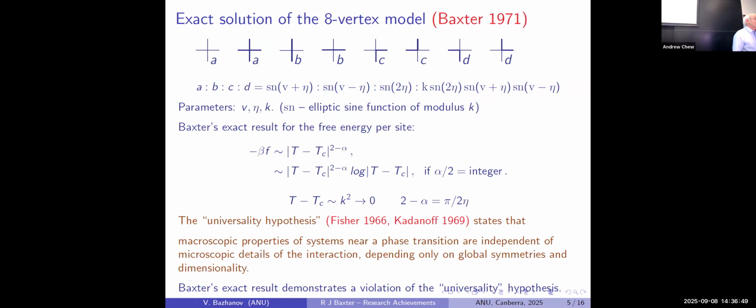And the first model which has been solved using the Yang-Baxter equation is the so-called eight-vertex model. The spin takes two values, and they're represented by thin and heavy lines. There are only eight vertices allowed.